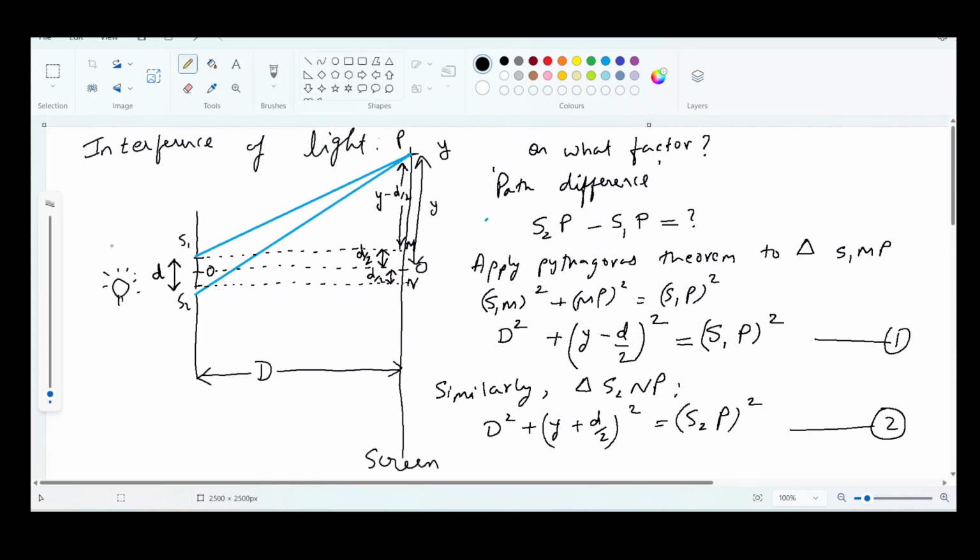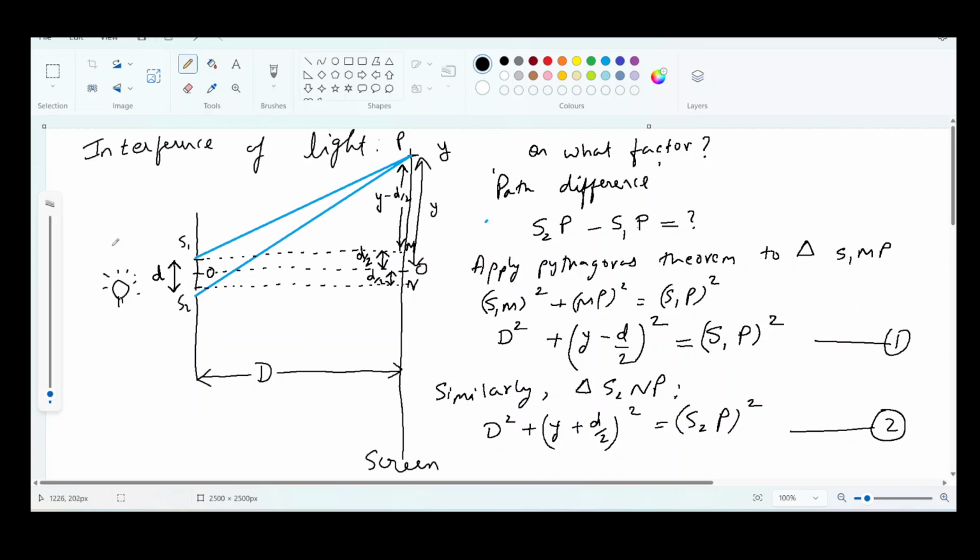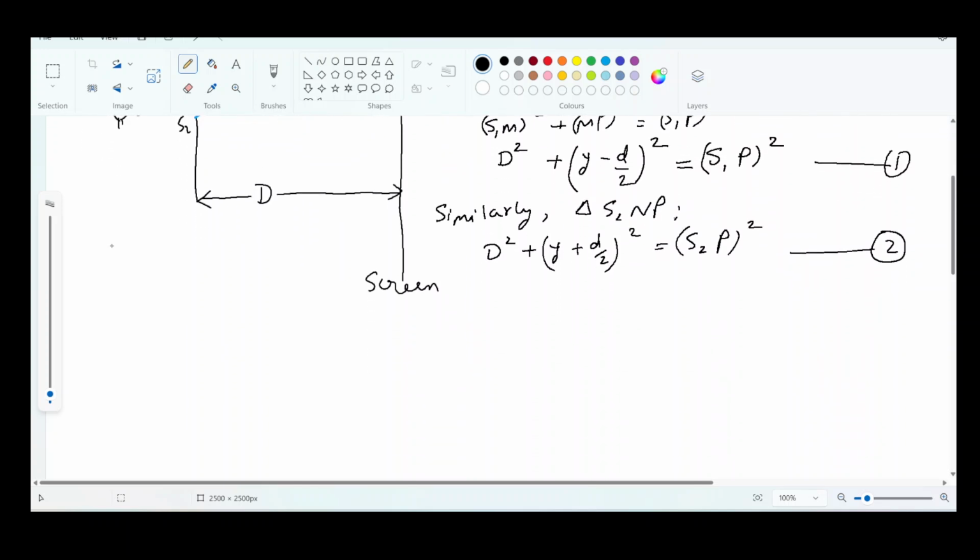Now, as I said, what are we interested in? We are interested in S2P minus S1P. So let us do 2 minus 1. So if I do 2 minus 1, what do I get?